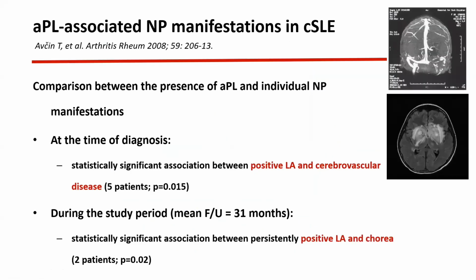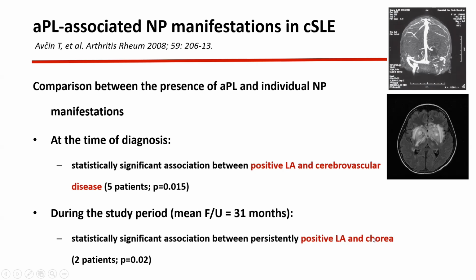So the statistical analysis actually confirmed that at the time of diagnosis, there was a statistically significant association with cerebrovascular disease. And on long-term follow-up, particularly with chorea, there were only 2 patients with transverse myelitis.